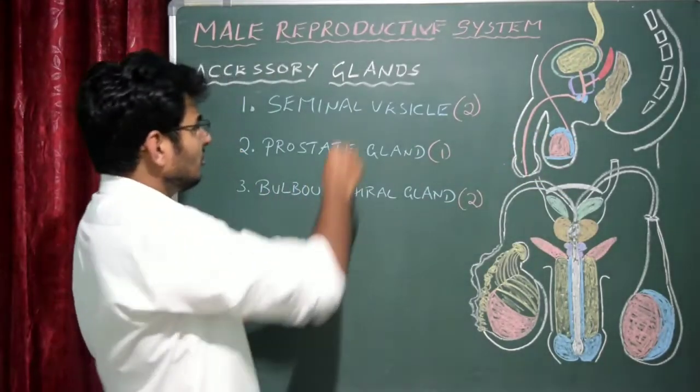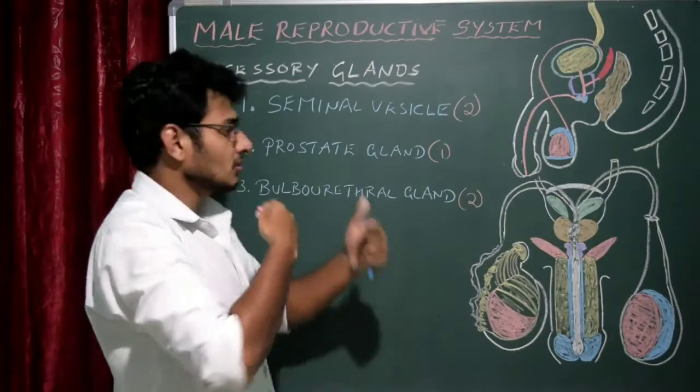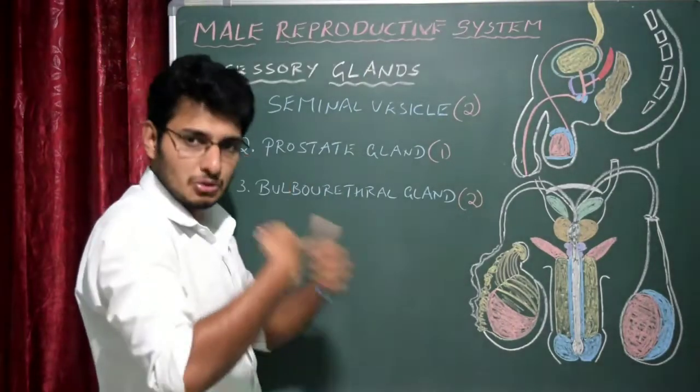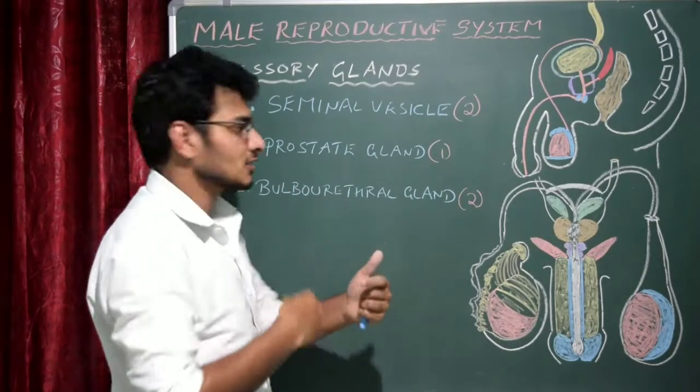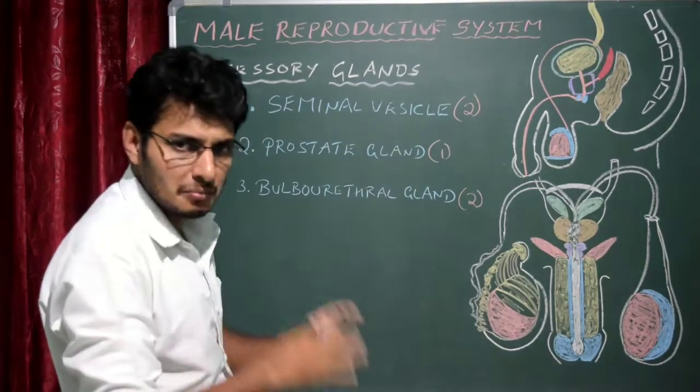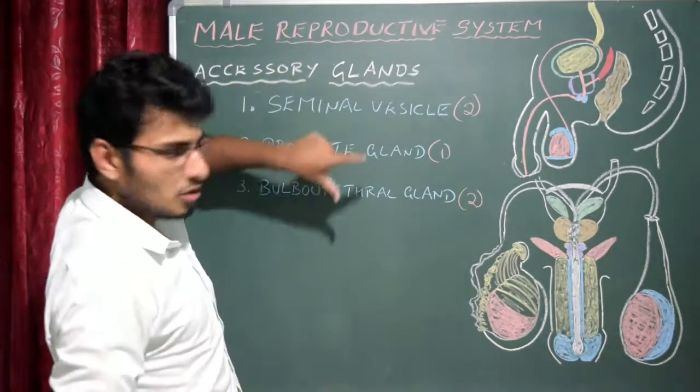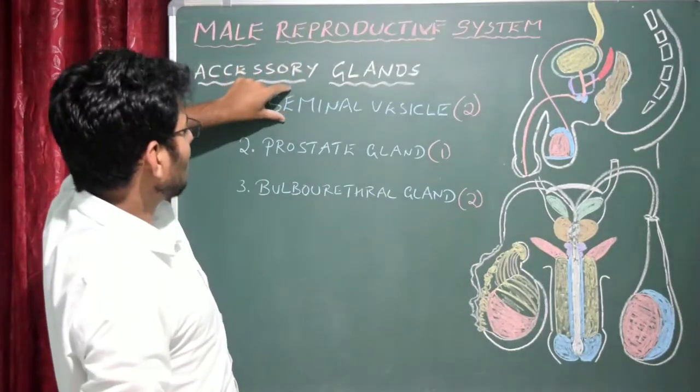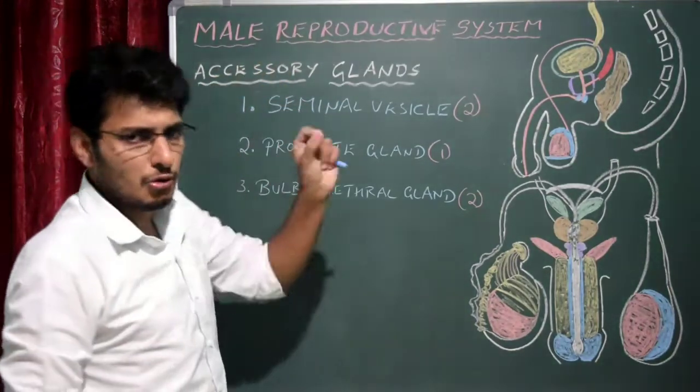Okay, now the function. When I discuss this in the NEET class, obviously I'll give you the detailed explanation about it. I'm talking for only board examination, so this is the board syllabus. We'll restrict it. Seminal vesicle and prostate gland, they have only special functions.